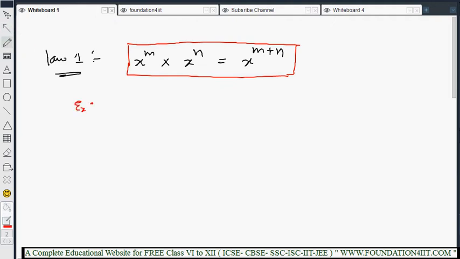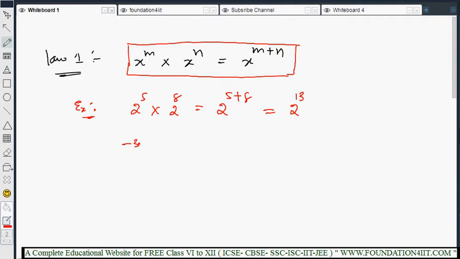If we take some examples, 2 to the power 5 into 2 to the power 8. We can write 2 to the power 5 plus 8, so 2 to the power 13. Even negatives also.